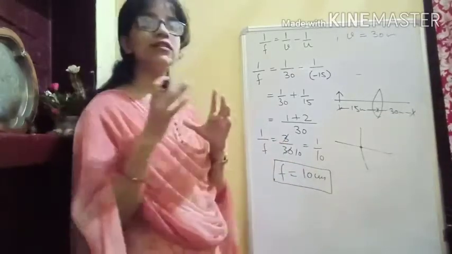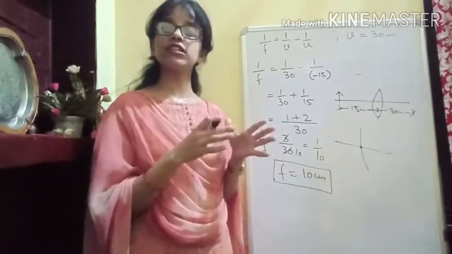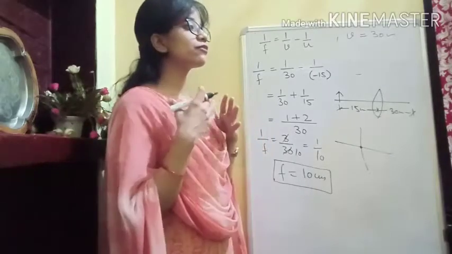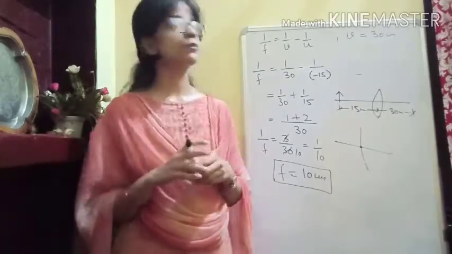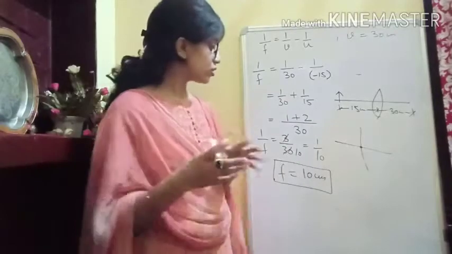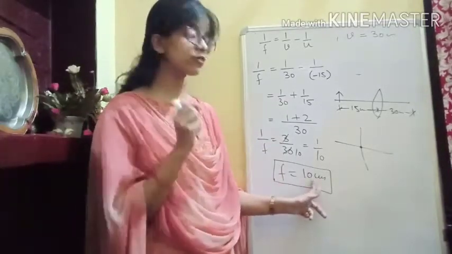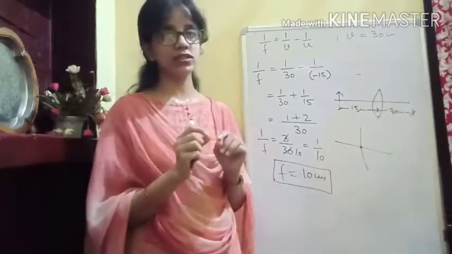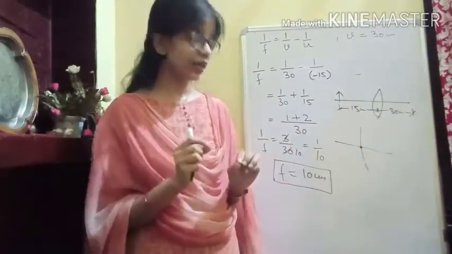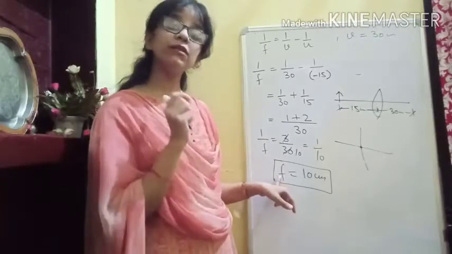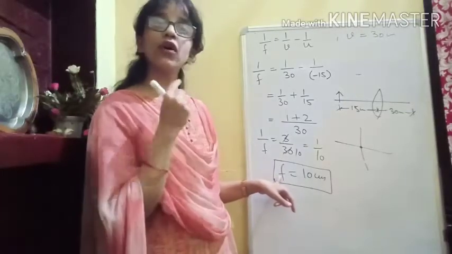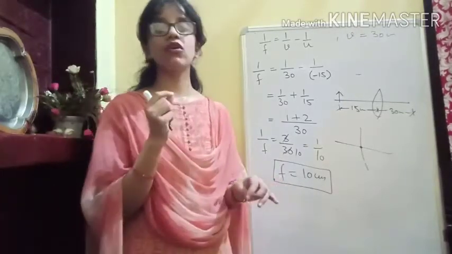Also for a real image, magnification will always be taken negative, and for a virtual image, magnification will be taken as positive. So these are all the things, and here f is coming 10 centimeter, that means f is positive. You need to remember all these things, that for a convex lens, focal length will always be positive, whereas for a concave lens, the focal length will always be negative.